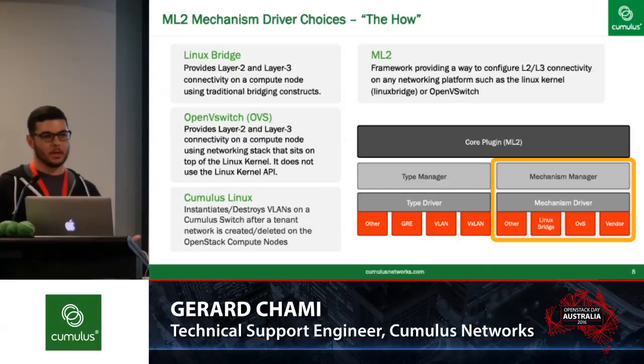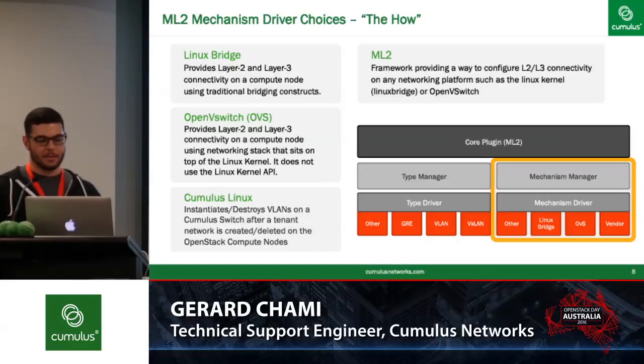The other thing is you've got to look at your mechanism driver. There's a couple of options. The two I'm going to talk to are the Linux bridge and the OVS. Linux bridge is a native Linux bridge that uses the Linux kernel, basically what you normally expect from a server. And then you've got the OVS, a different mechanism driver that uses a custom switching kernel and allows for different types of programmability.